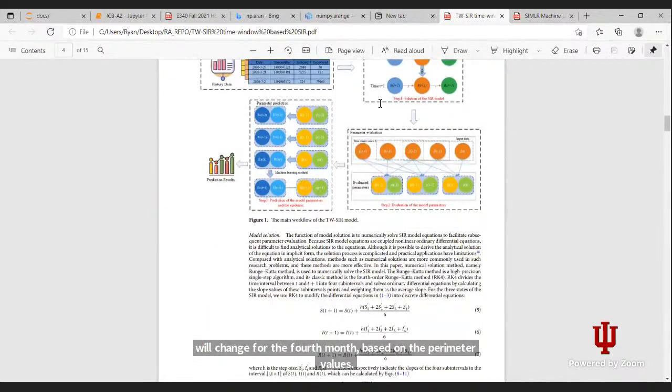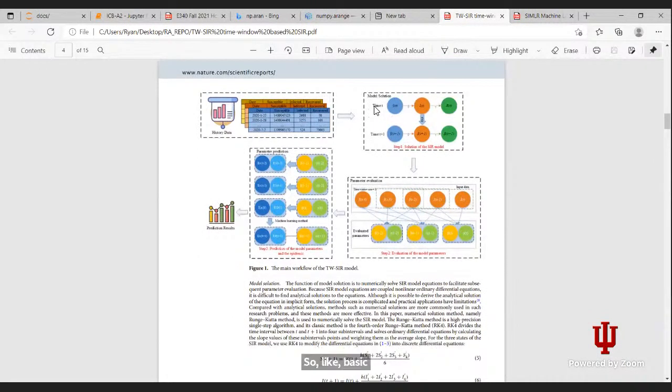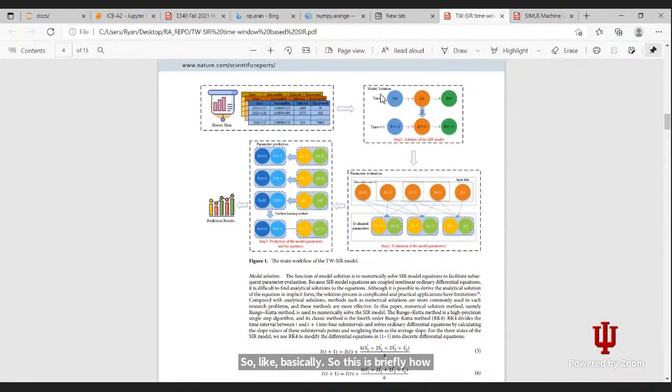So this is briefly how it would look. You have your date values, you have your SIR values. You are feeding them into an LSTM model where you are trying to train the parameters for time t and predict for time t+1.